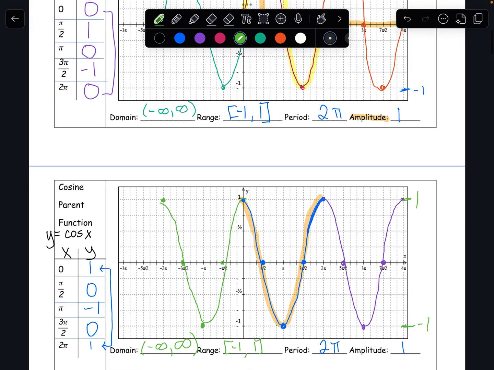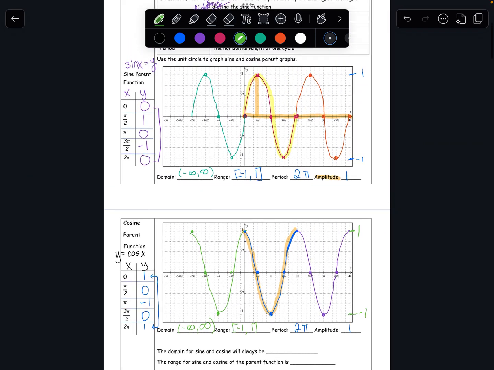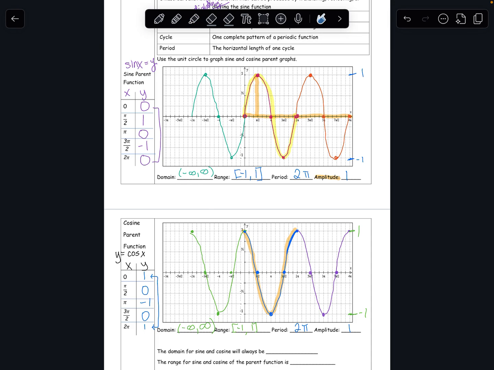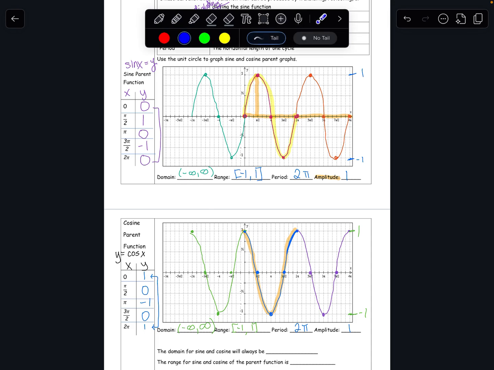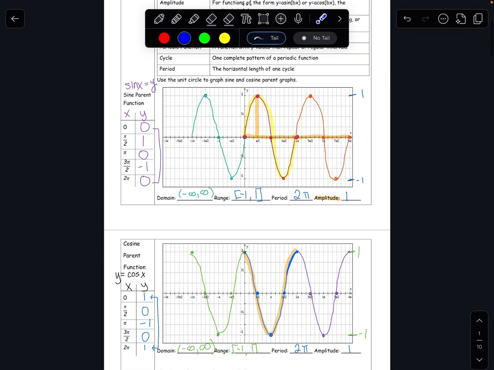And so that is our cosine graph. What's really cool, I'm going to zoom out a little bit, is they kind of look the same. If I trace here, isn't that the cosine graph? It is. So the sine and the cosine graph are the same. The only difference is where we're starting.